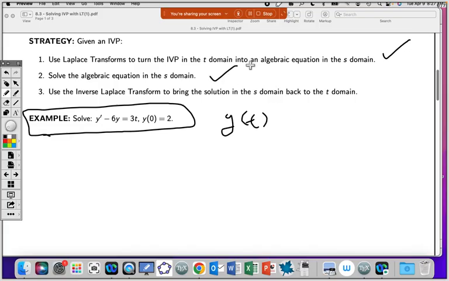We're going to solve the algebraic equation, and then we're going to use the section 8.2 inverse Laplace to bring it back. And this is going to be all we're working on for the rest of the chapter. The next thing we'll talk about, probably not tomorrow, but probably on Thursday, is we'll start incorporating different functions into the mix here. But this is the main idea of the chapter.